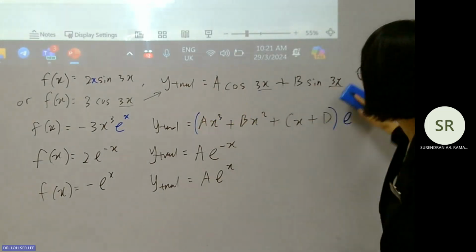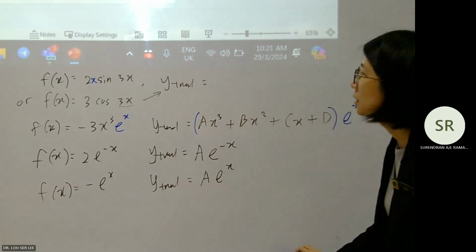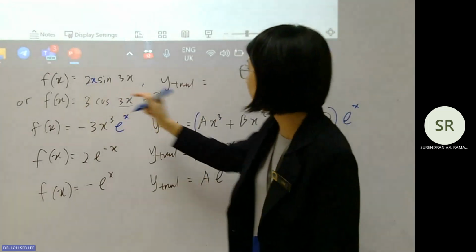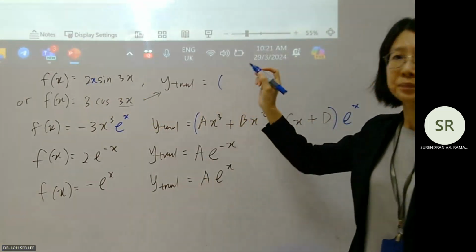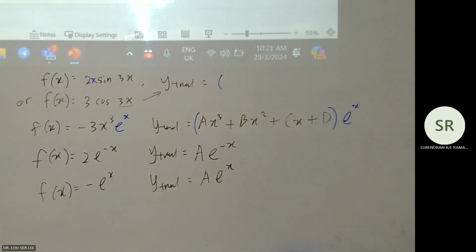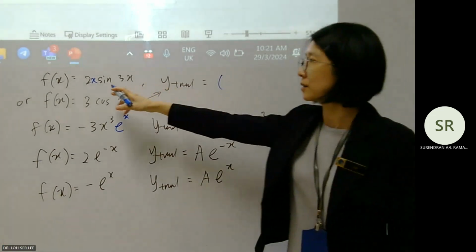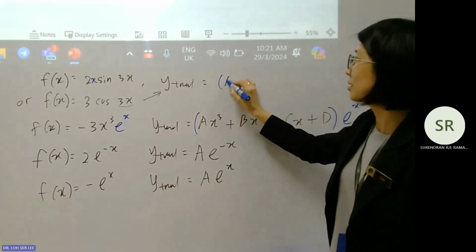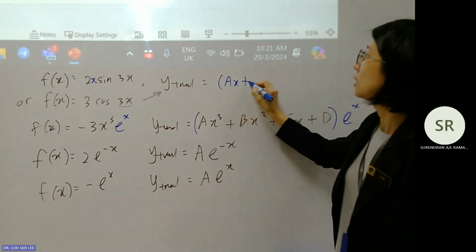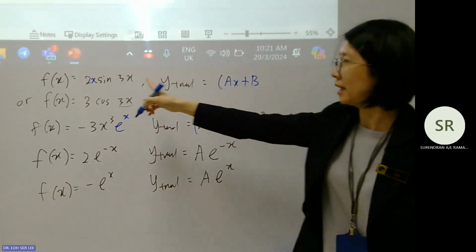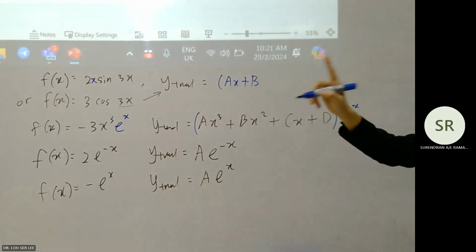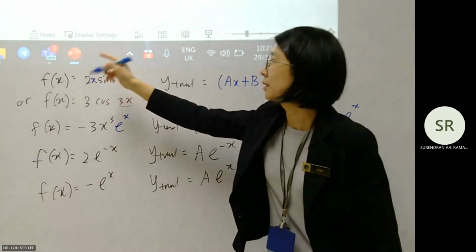So the y trial will be the general form of 2x, which is ax plus b, x to the power of 1.